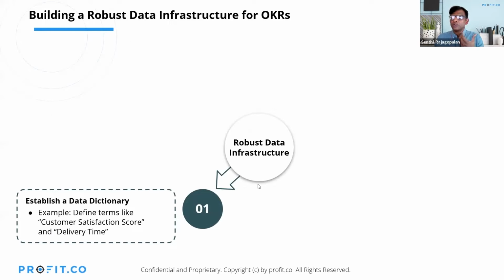When you have key terms, it could be things like, for example, revenue. We have seen OKR implementations where one team calls it revenue, another team calls it ARR, another team might call it sales. And even within those terms, how do you actually measure?